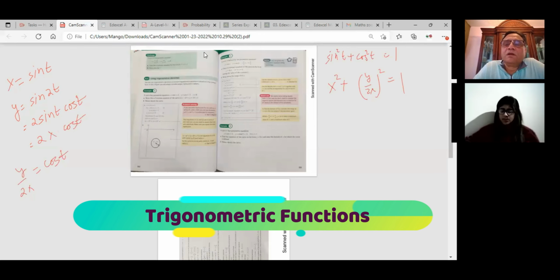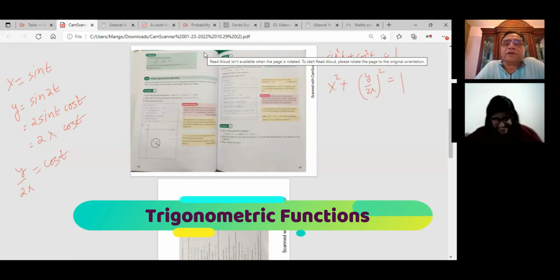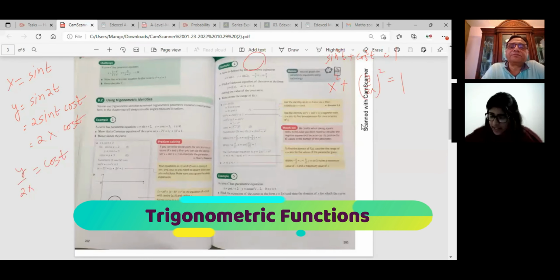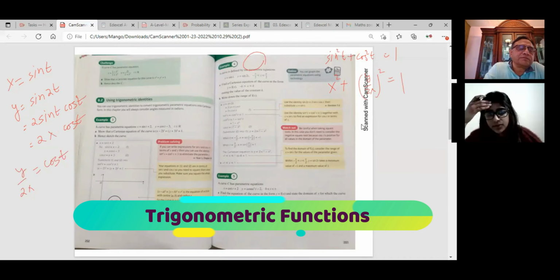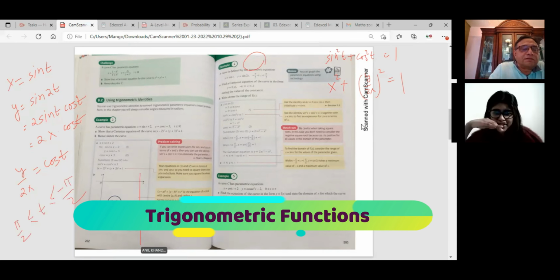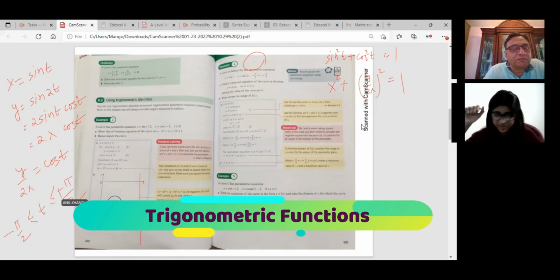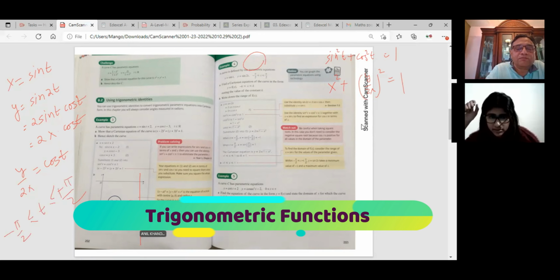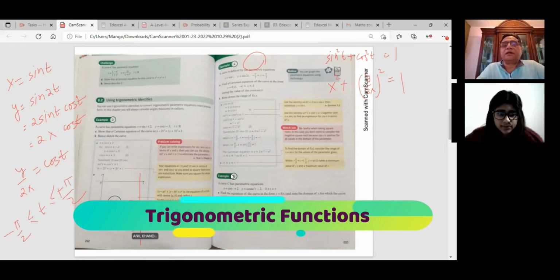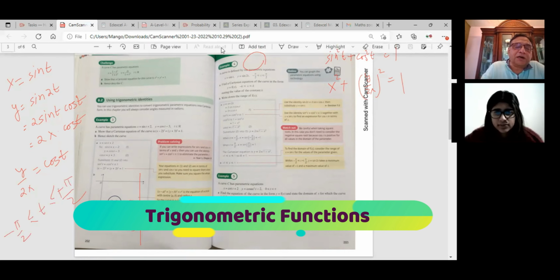So is that also a circle? No, it's not. Sorry, they have also given you the domain for the function. Let's look into the domain. What is the domain given to you? t between minus pi over 2 and pi over 2, including.